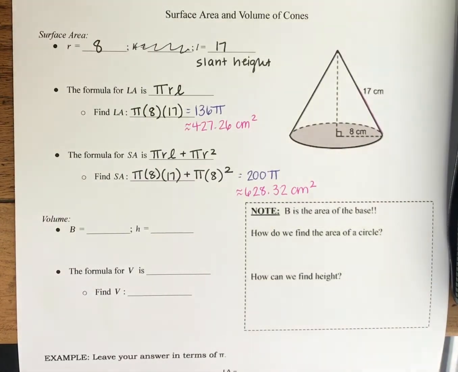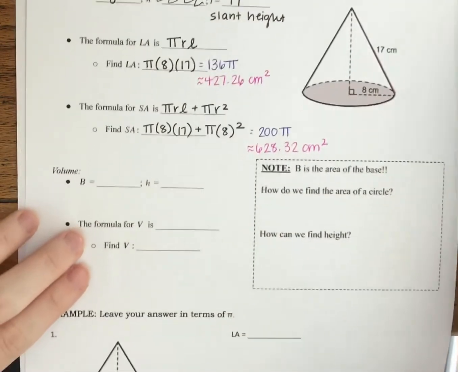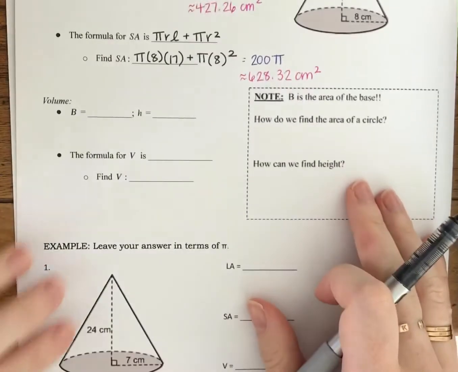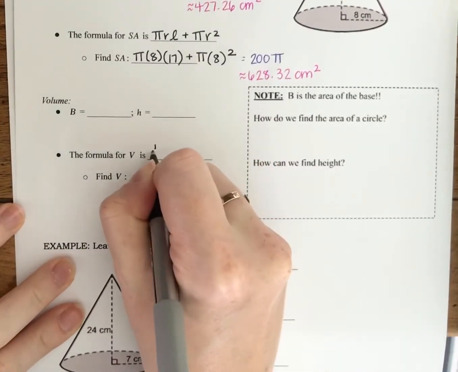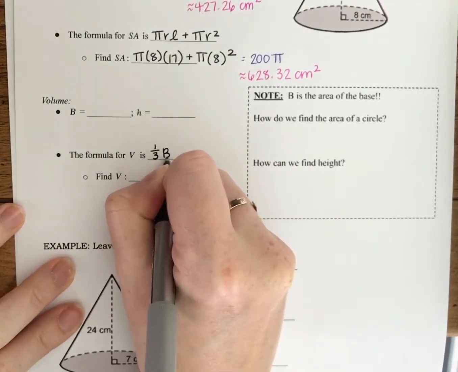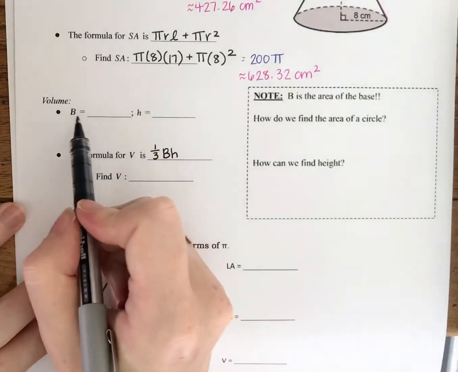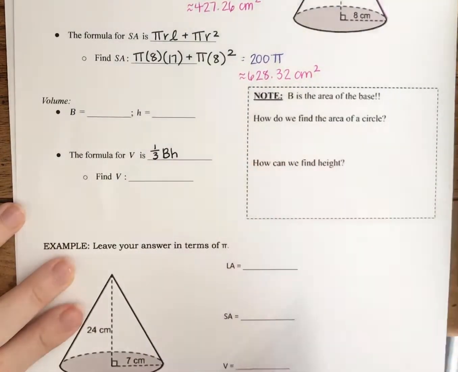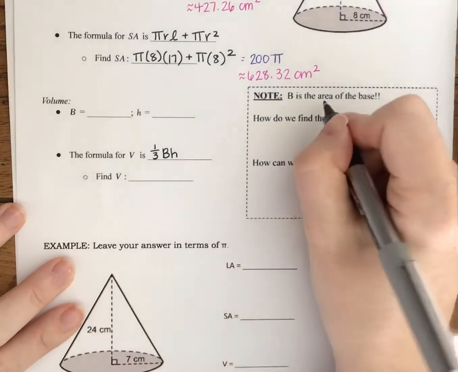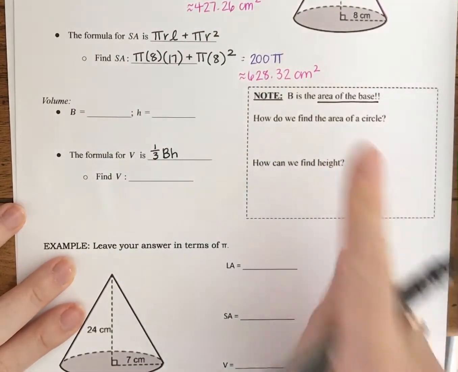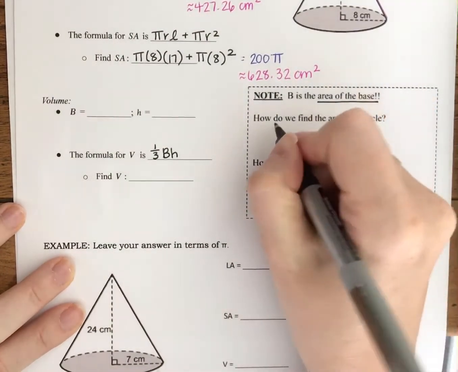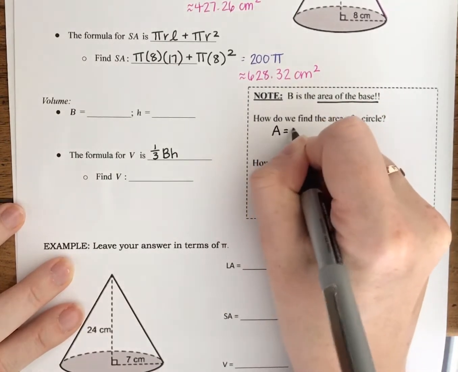All right, now for the volume of a cone, you will see that the formula is 1/3 capital B times H. Okay, remember, capital B is the area of the base. My base is a circle. How do we find the area of a circle? Pi r squared.